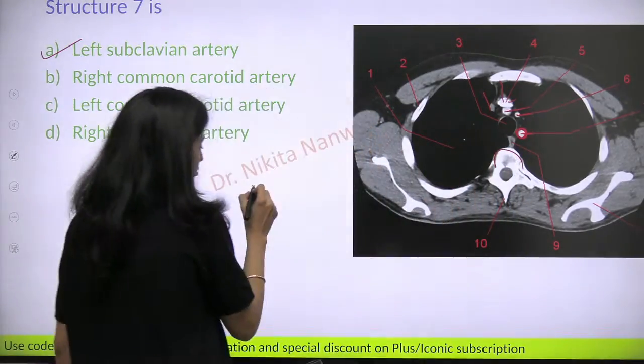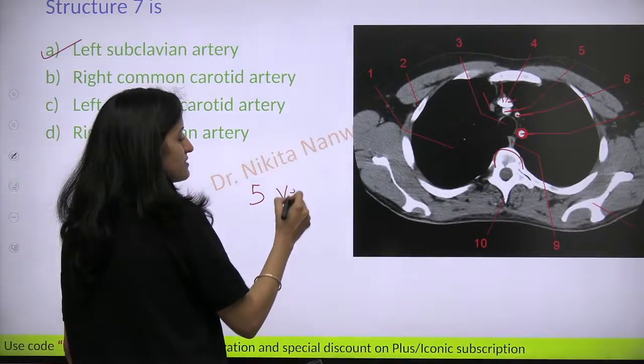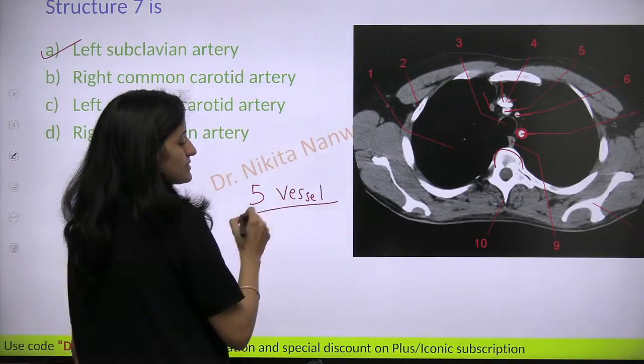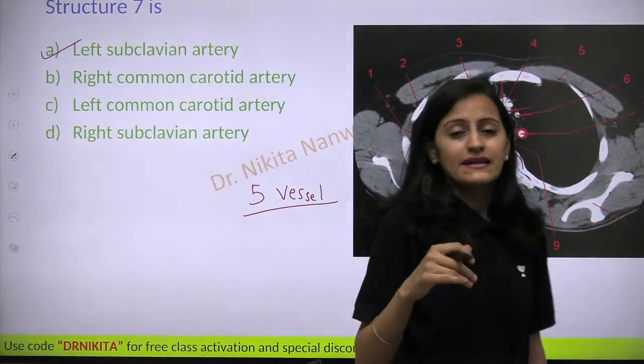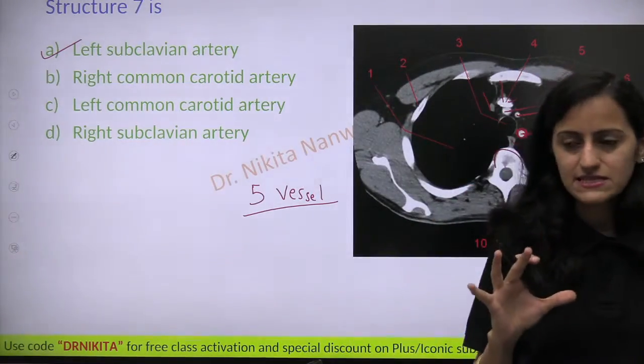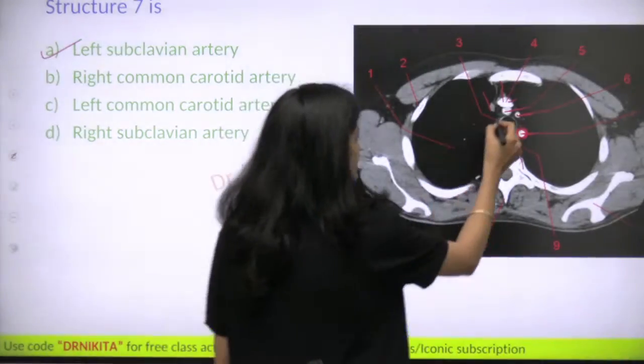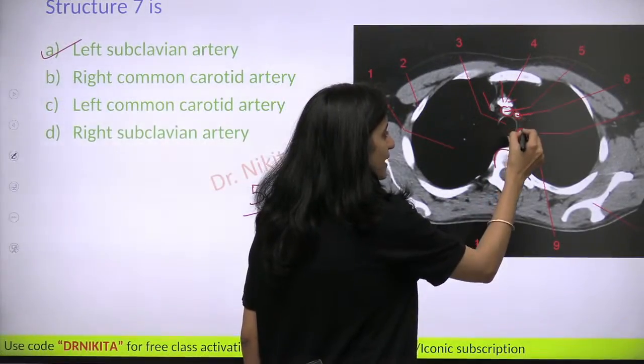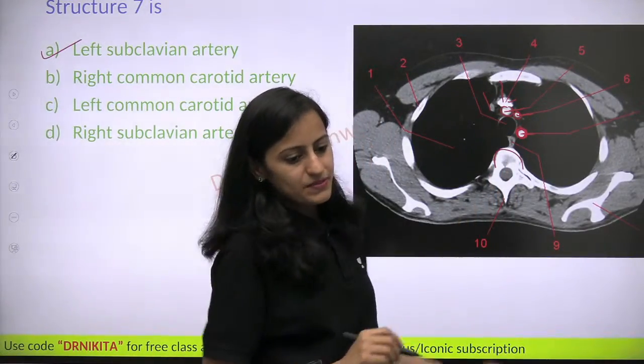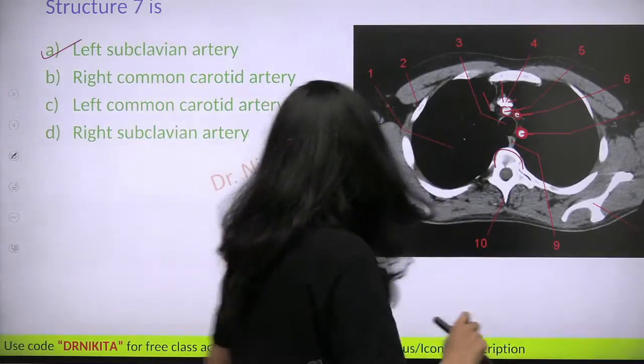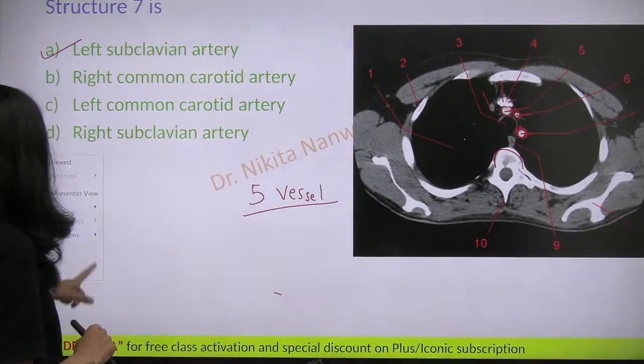So this is called the 5 vessel section, the level of the 5 vessels. Now, how do you identify these 5 vessels? These 3 vessels that you are seeing, 1, 2 and 3, are basically the branches of the arch of aorta. Let me try and zoom this image.